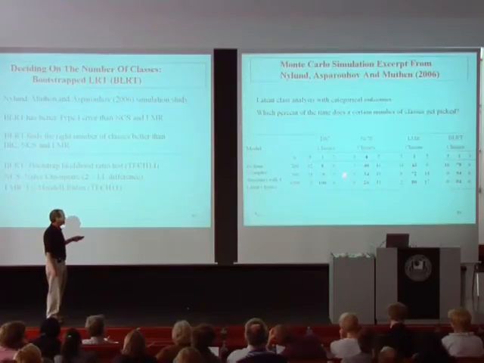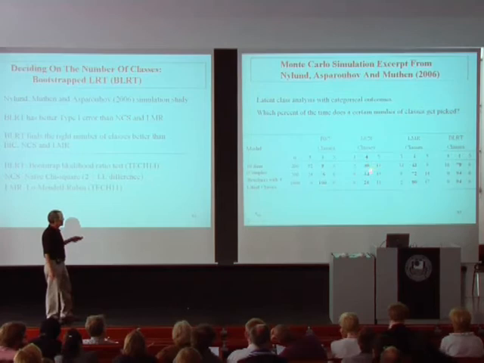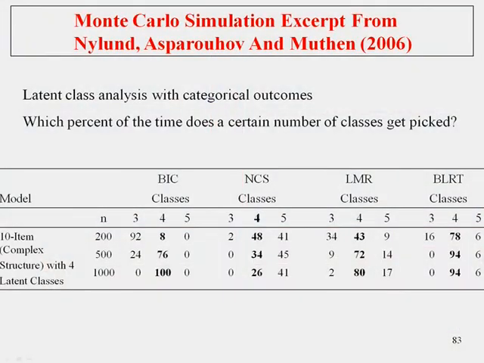And the naive chi-square tends to pick too many classes too often, so you can see how the chi-square really doesn't work, right? For instance, at 500, the naive chi-square approach is a worse approach than BIC by far. Lo-Mendell-Rubin does better than the naive, and maybe about the same as BIC, but when you get up to 1,000, it does not do as well as BIC.